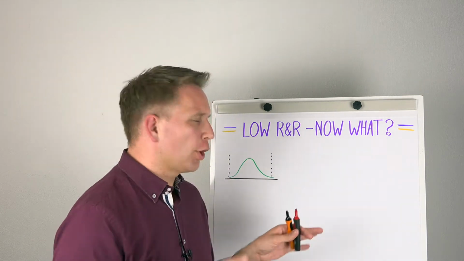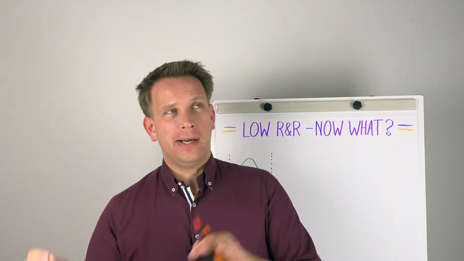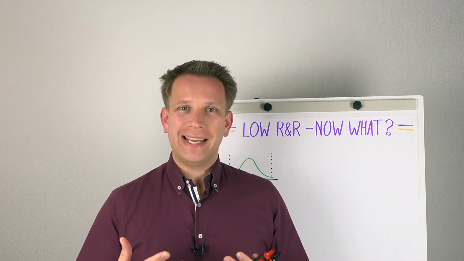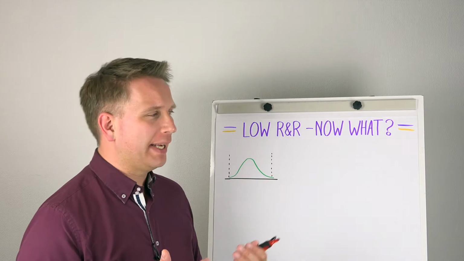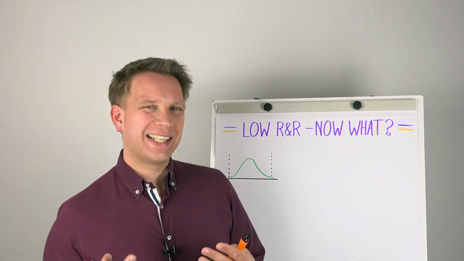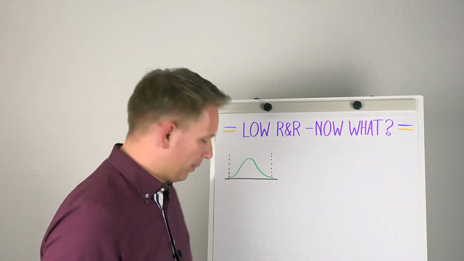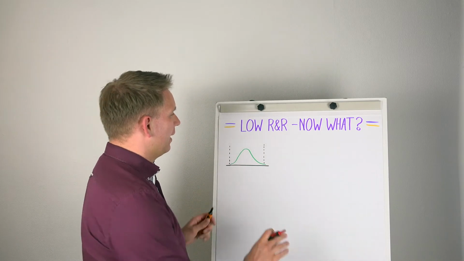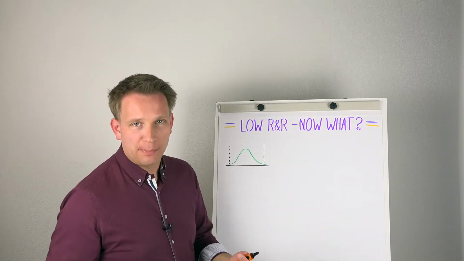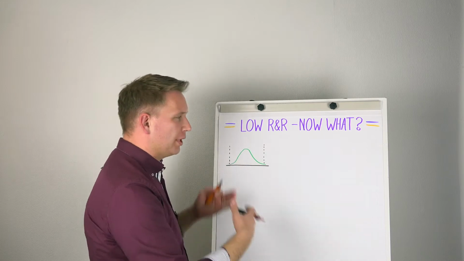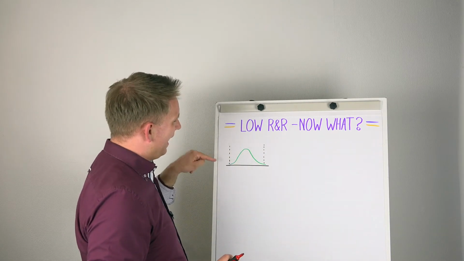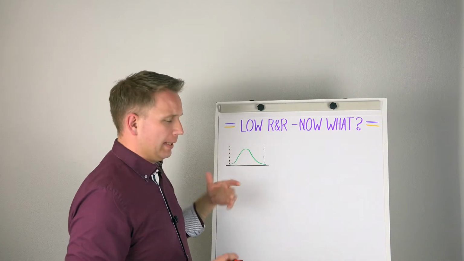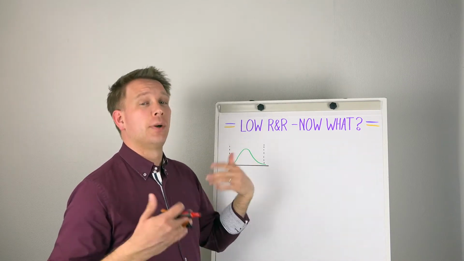Now first, let's go over what is high and low and good and world-class in R&R, just to get that base set in again, and then I'll explain how it is built up and how we can see where to first look. The idea is that every system that you have, so every process, has a distribution. We have again our nice normal distribution curve, and this is basically your part-to-part variation.